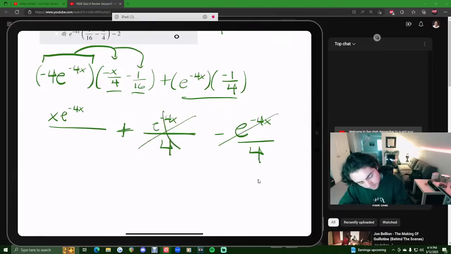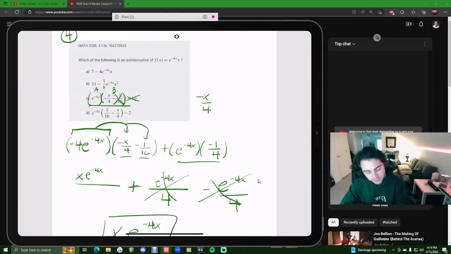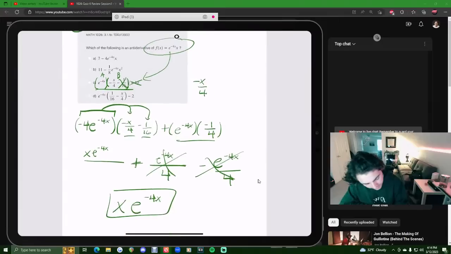So these cancel each other out, and we are just left with x times e to the negative 4x. So we see that the derivative of option C matches the function they gave us. Therefore, an antiderivative of the function given is option C.